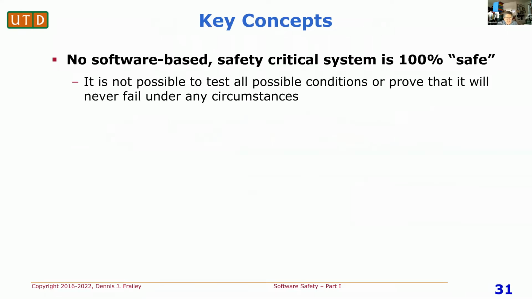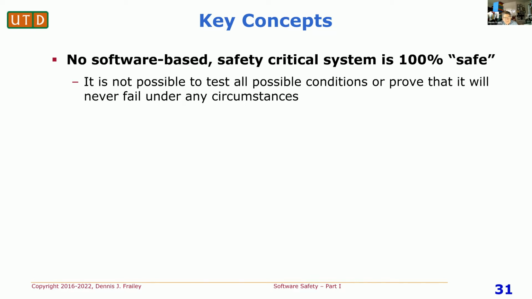Okay, now here are some key concepts. No software-based safety critical system is 100% safe. In other words, we minimize the likelihood of a problem and we minimize the consequences of a problem, but we can't guarantee that it will never, ever, under any circumstance, go wrong. And there are all sorts of reasons for this.